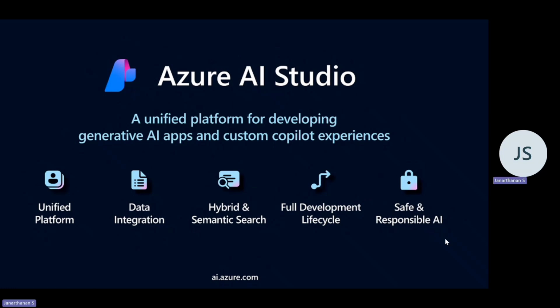Azure AI Studio is a unified platform for developing generative AI applications. If I want to build any custom Copilot experiences, we can make use of Azure AI Studio, because it is an all-in-one platform for building, evaluating, developing, and deploying generative AI solutions and custom Copilot experiences.